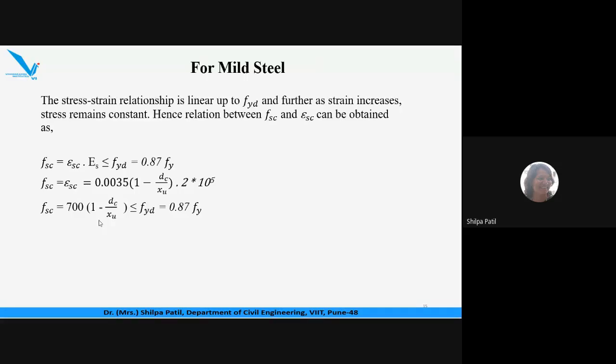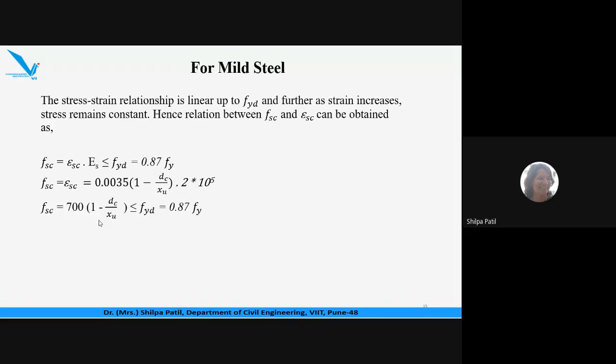Hence we can use Hooke's law here, which is applicable only within the elastic limit.